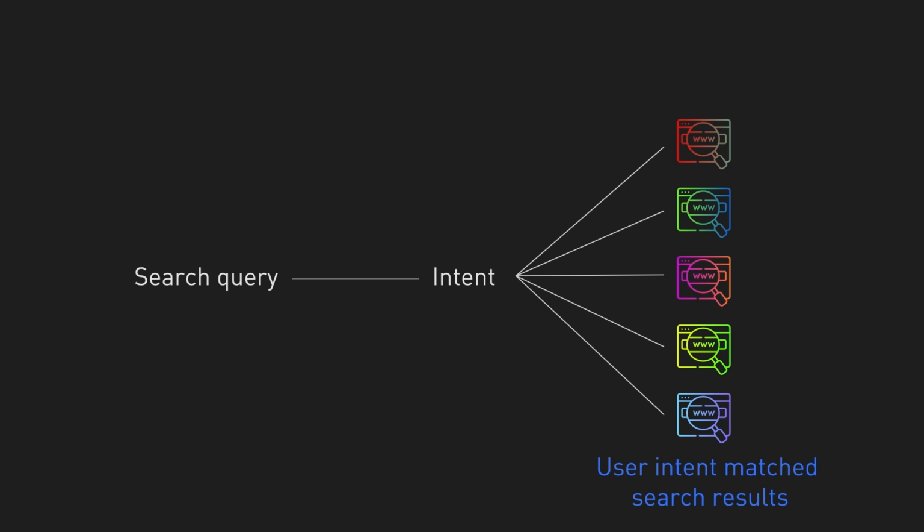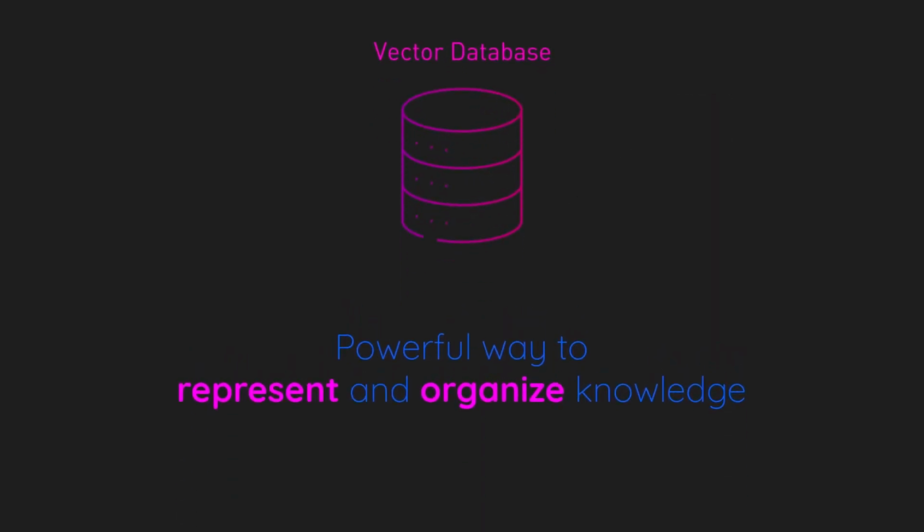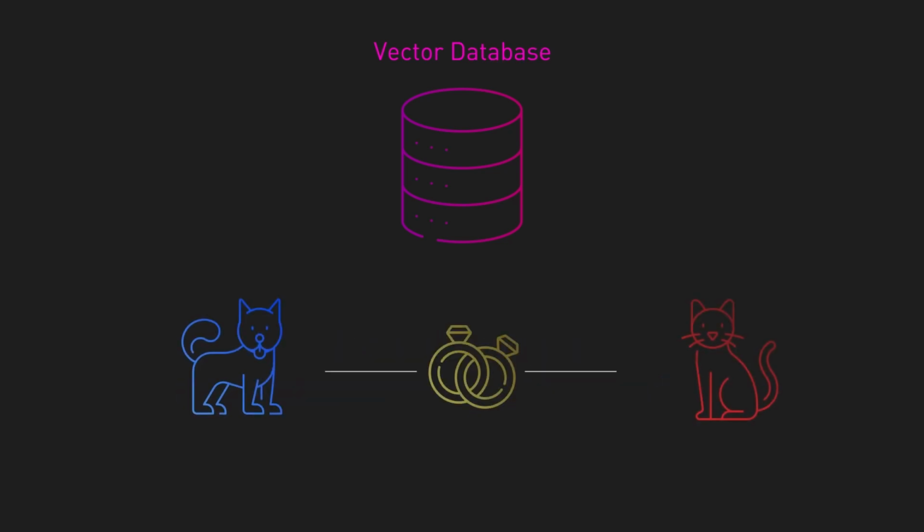It's all about finding meaning, not just matching words. So, to recap, a vector database is a powerful way to represent and organize knowledge. It maps information into a multidimensional space, making it easier to find connections and relationships between concepts. From chatbots to Google search, this technology is transforming how we access and interact with information.